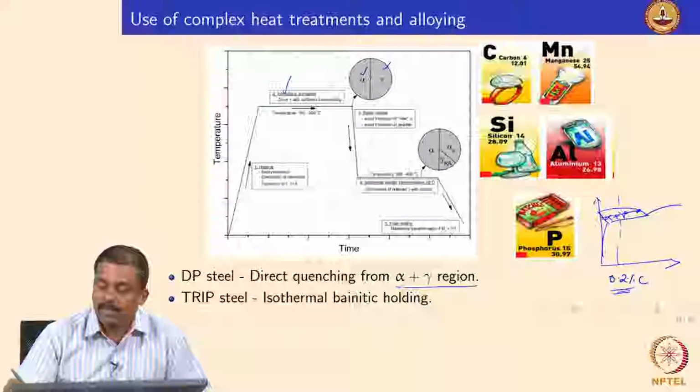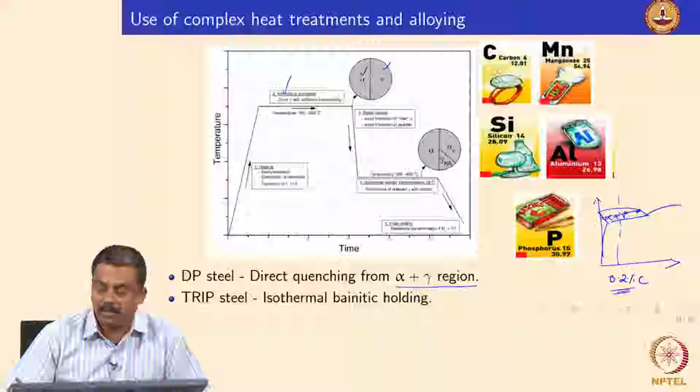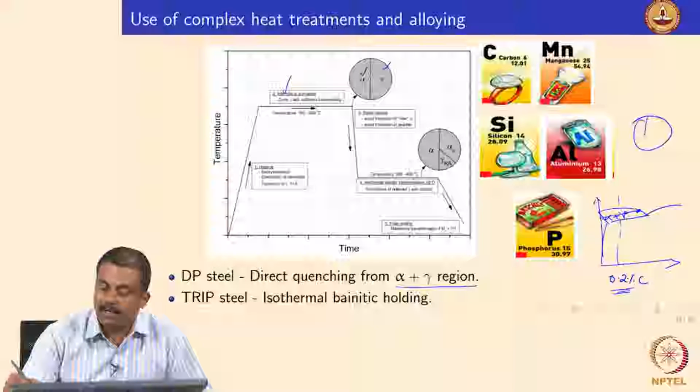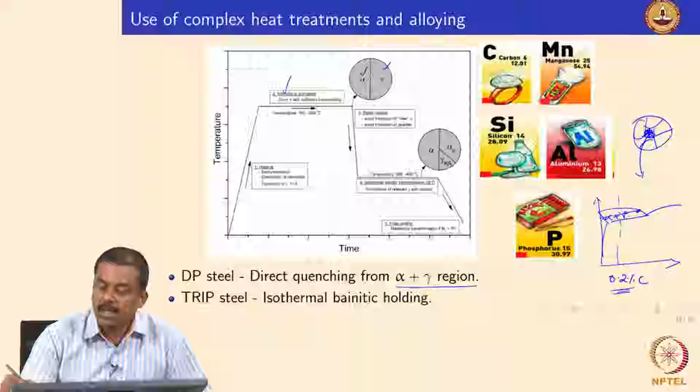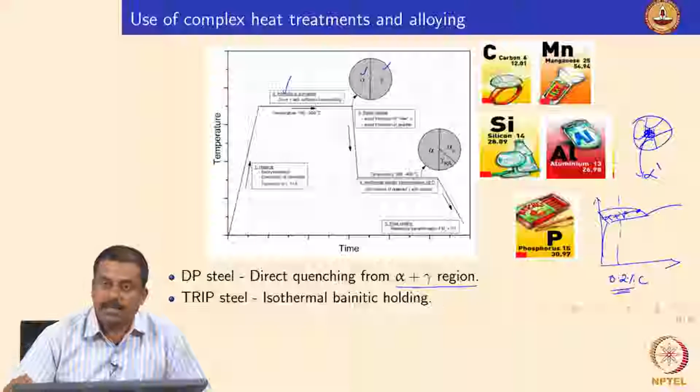That means by enriching austenite in carbon, we reduce the critical cooling rate required to form martensite. This austenite, when cooled to room temperature, will transform into a martensitic microstructure.